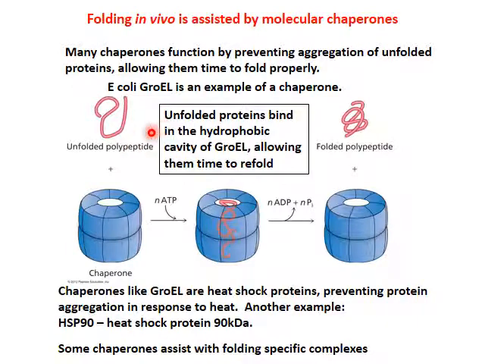And so I just want to go briefly over how this process takes place. You can think of these as proteins that recognize hydrophobic residues of misfolded proteins, and help them to refold. So what it does is bind the hydrophobic regions, and it uses ATP hydrolysis. That's the energy required to help the protein to refold through conformational changes in the proteins.